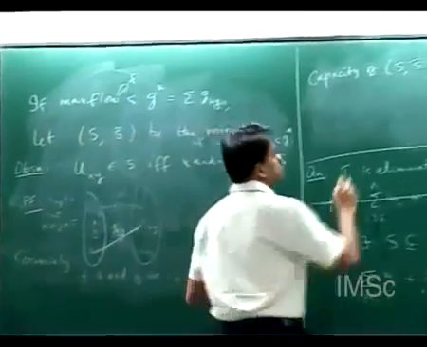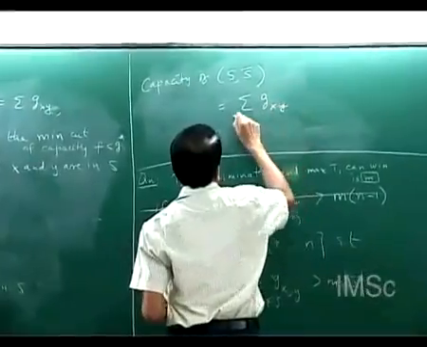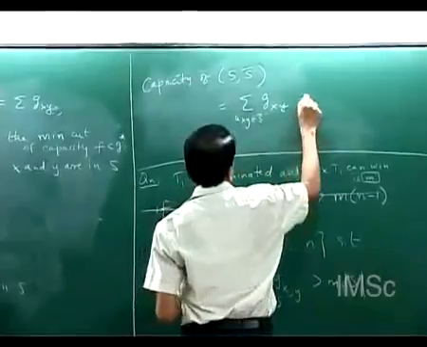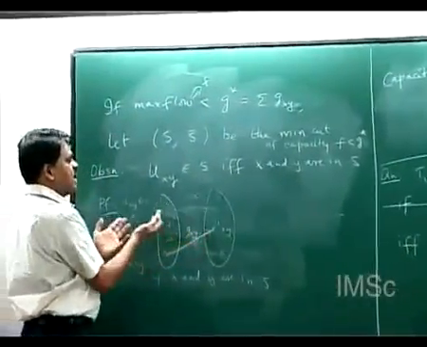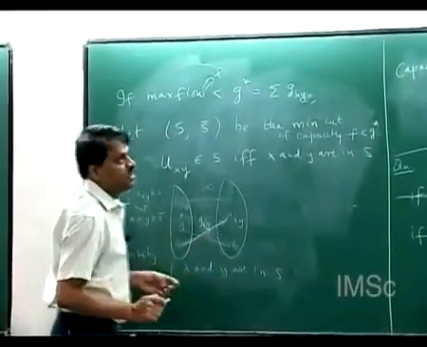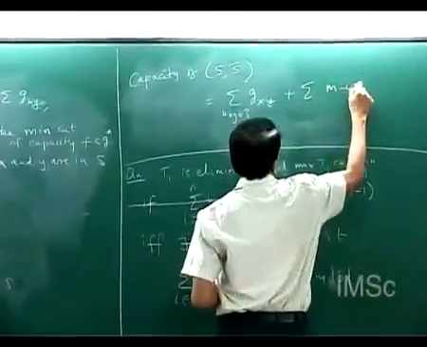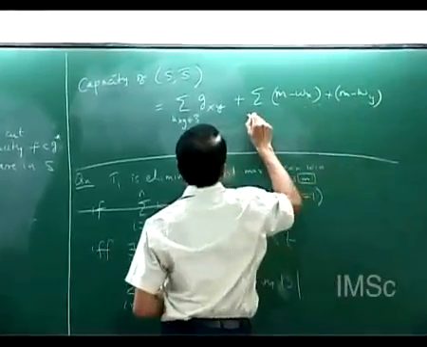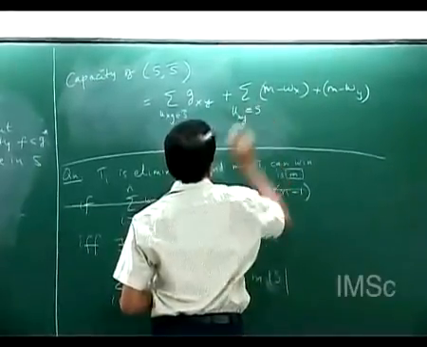So, this is equal to summation gxy whenever uxy is in S bar, plus m minus wx plus m minus wy whenever uxy is in S.